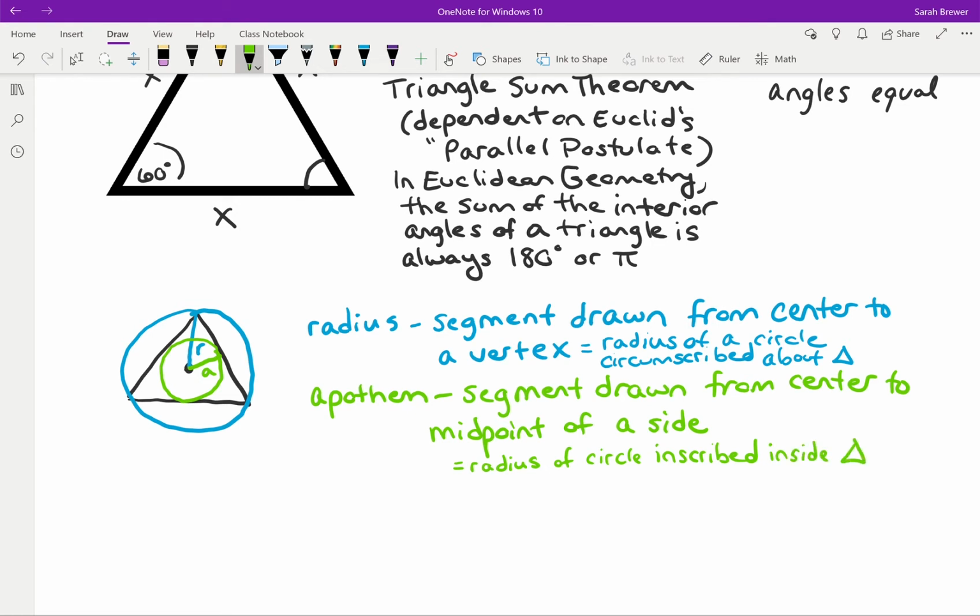Okay, so how would we find these measurements in our equilateral triangle?